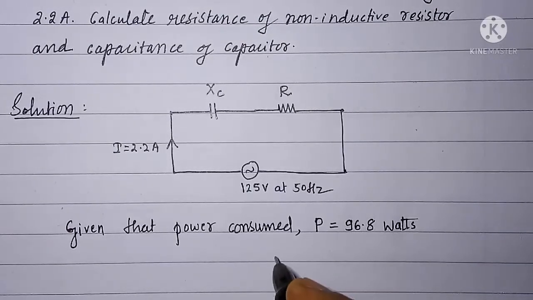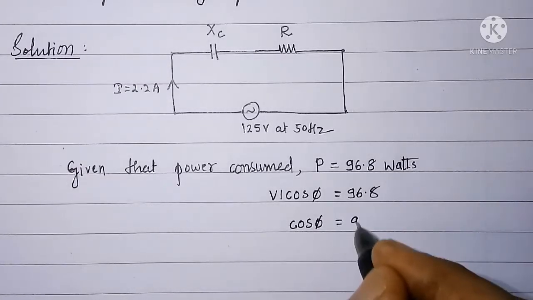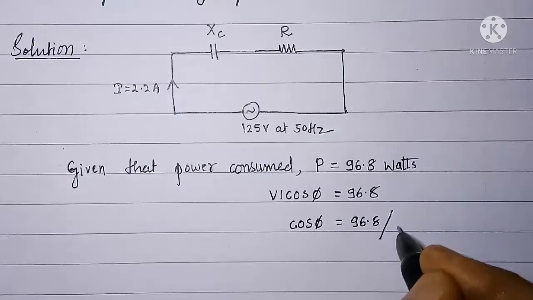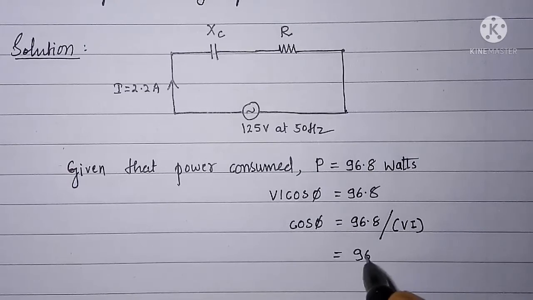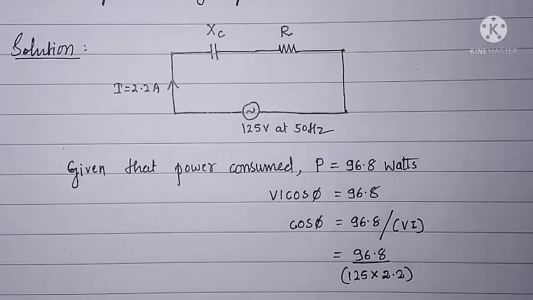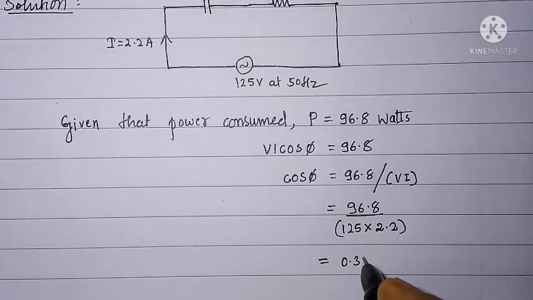So now we can write P equal to V into I into cos phi, that is equal to 96.8. So now we can calculate cos phi equal to 96.8 divided by V into I, that is 96.8 divided by 125 into 2.2 amperes. On simplification we get cos phi equal to 0.352.